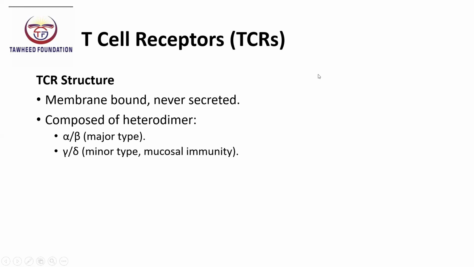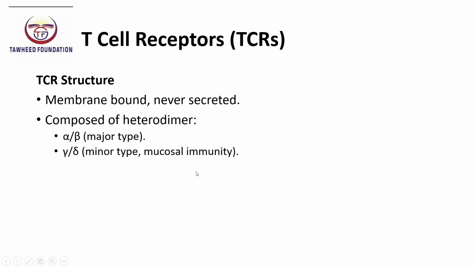T cells recognize antigens through T cell receptors, that is TCRs, which are always membrane bound and never secreted. Each T cell expresses a unique TCR generated by gene rearrangement, giving immense diversity to the T cell receptors.